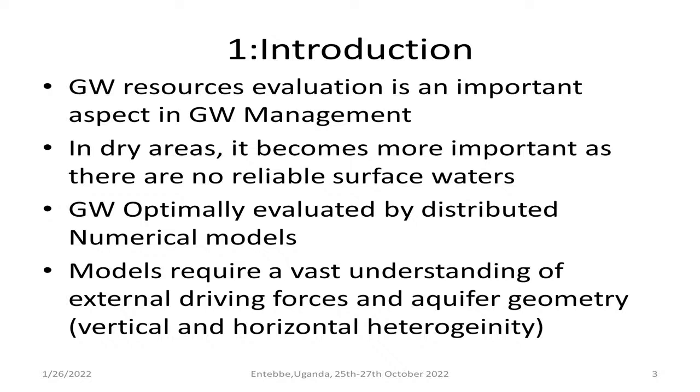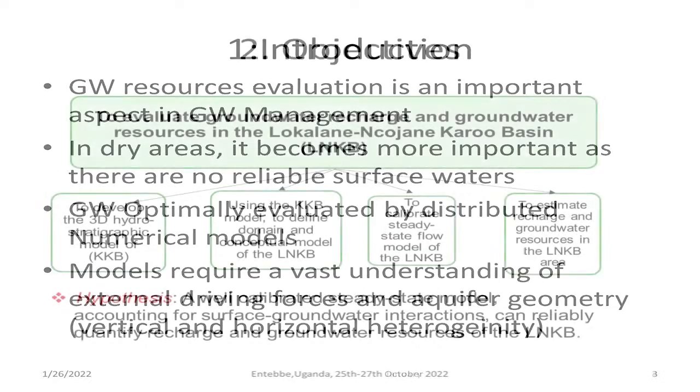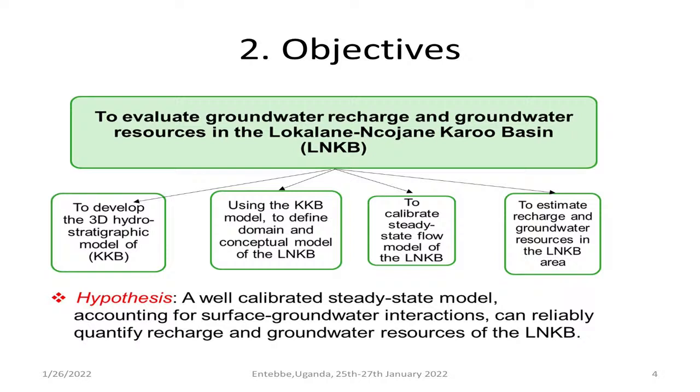And therefore, we intended to develop the hydrostratigraphy model of the area so as to find out what exactly are the main aquifers in the area. So in order for us to do groundwater evaluation, of course, models can be used. But the objective here was actually to evaluate the groundwater recharge and the groundwater resources in the Lokalane-Kojane Basin.